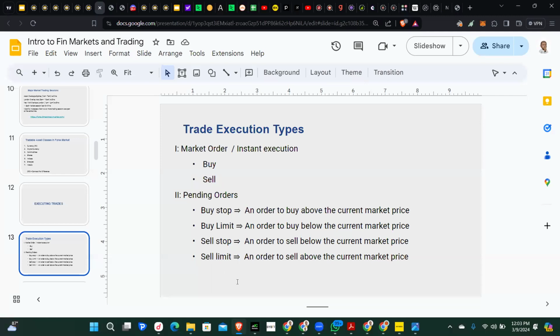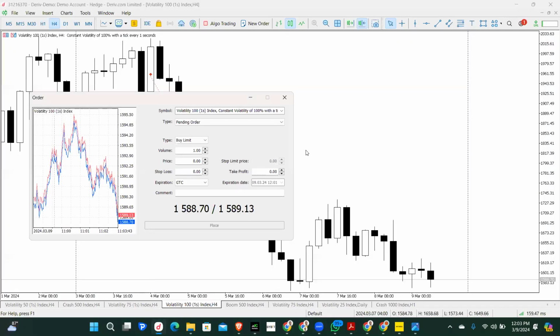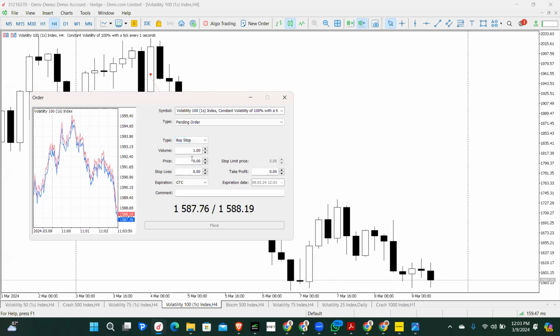All right, so let's see how it works. I want to buy above the current market price, so that means I'll use buy stop. The current market price is 1.588. Maybe I want to buy one lot.